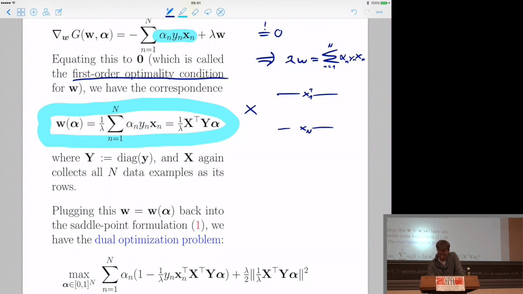And then the last row is the nth data point, and there's some more. So that's the X matrix, as usual, the same as in regression. Then here is some special notation: the Y, I just write them into a diagonal matrix, the labels, just for easier notation. So the Y is this simple diagonal matrix containing the labels only.